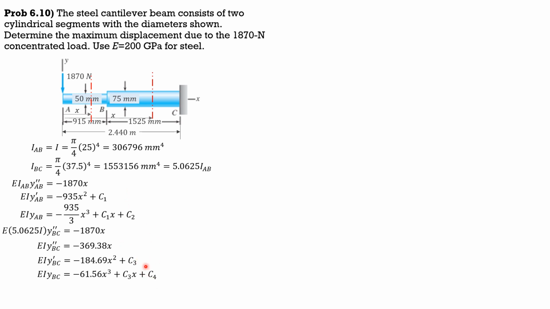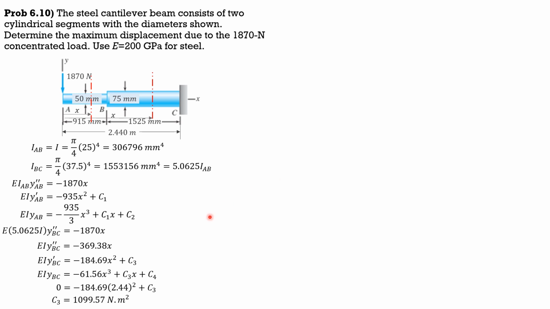First, for c sub 3, take note that when x is 2.44, we can only apply it here. The slope at C is 0, so y prime BC is 0 here. So 0 equals negative 184.69 times 2.44 squared plus c sub 3. So therefore, c sub 3 is positive 1099.57 Newton meter square.